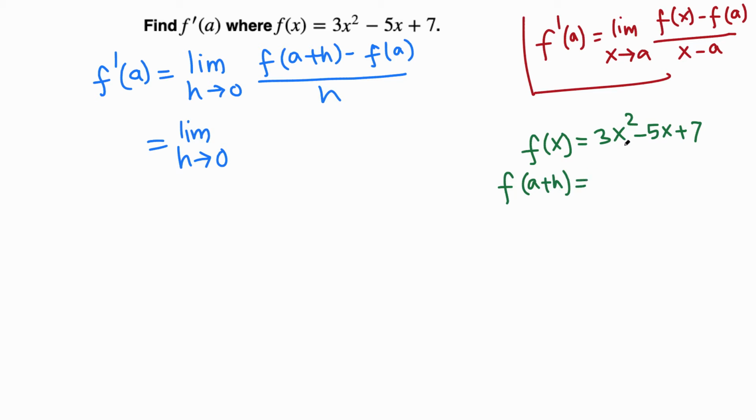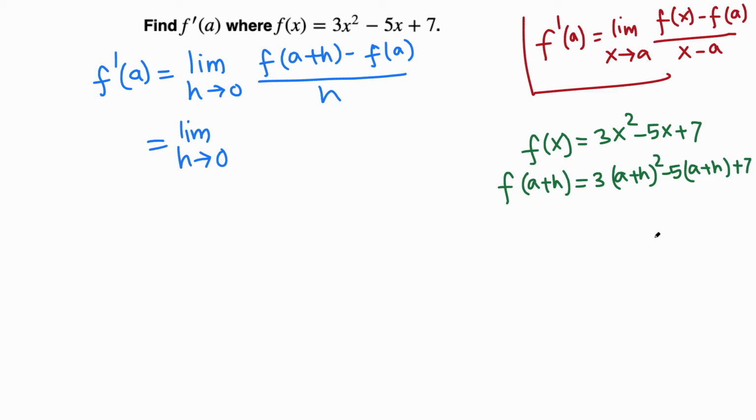That means we replace x by a plus h. So f of input is 3 times input squared minus 5 times input plus 7. Now our input is a plus h, so this will be 3 times a plus h squared minus 5 times a plus h plus 7.